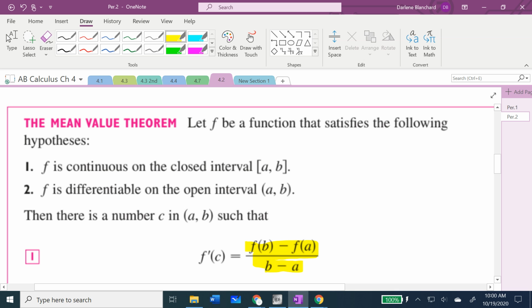So if you look at your two endpoints at A and B and just draw a straight line, that is your slope between the endpoints. Sometimes it's called the average slope over the interval AB. And you are being told that your derivative must match that slope in between at least once if you are genuinely continuous and differentiable. Let's take a look at a picture.